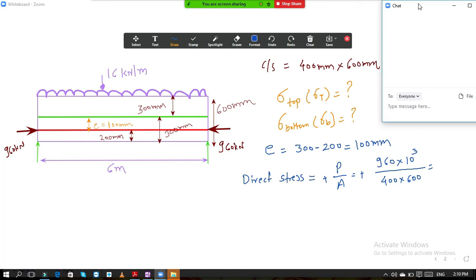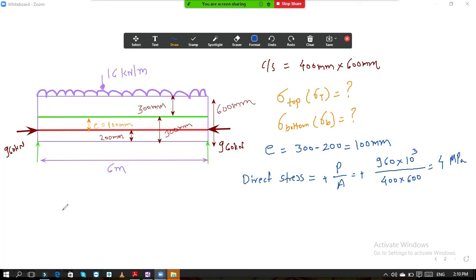Instead of that, do the calculation and let me know the answer fast. 4. Okay. So it is 4 Newton per mm square. 4 MPa I will write. It is 4 Newton per mm square. So this is the direct stress.